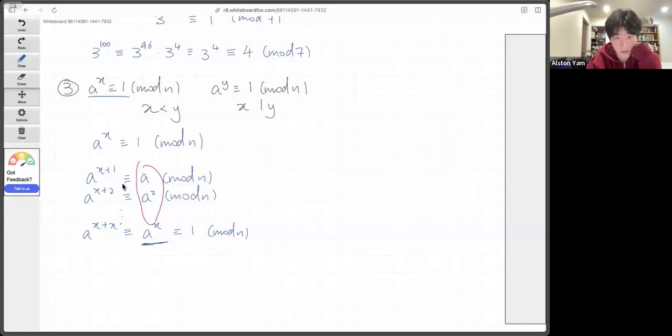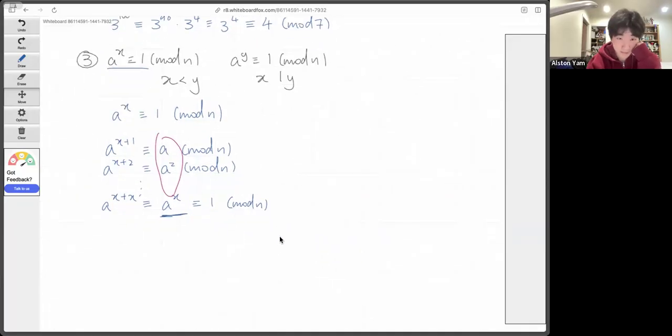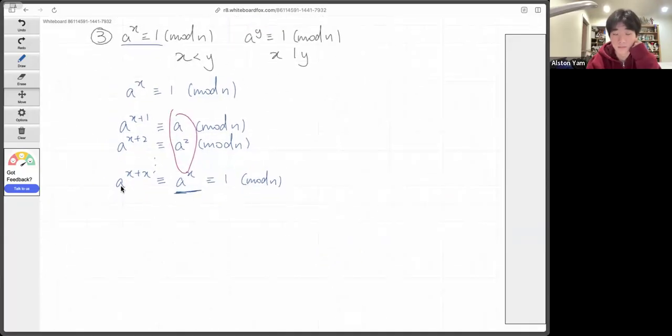So any number in this red circled area, a to the 1, a to the 2, a to the 3, all the way to a to the x minus 1, will not be congruent to 1 mod n, because we have assumed that x is the smallest number to do so. So we have a to the 2x is congruent to 1 mod n. Cool, we can keep going.